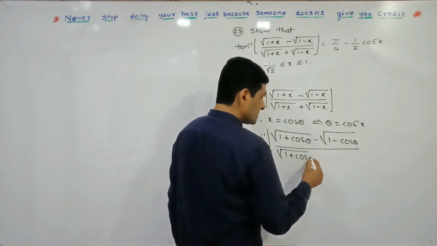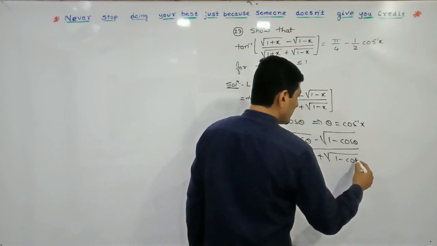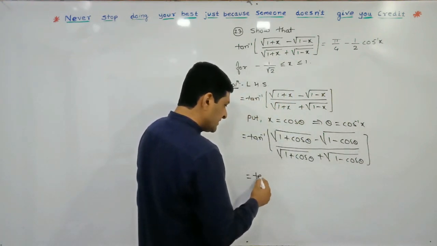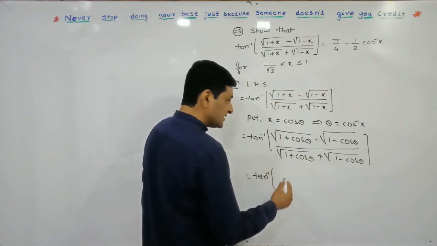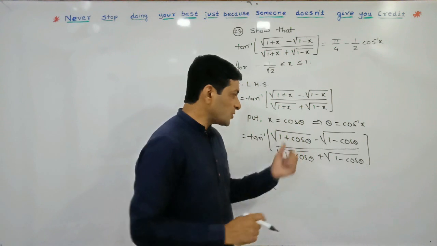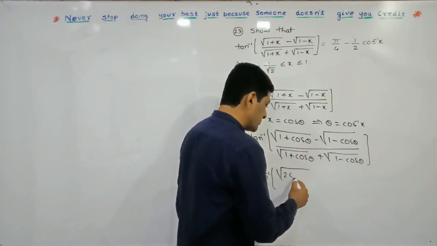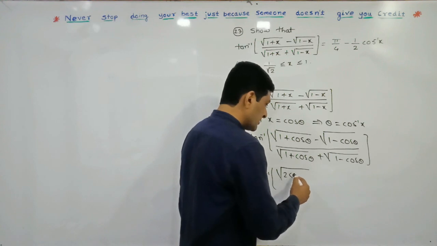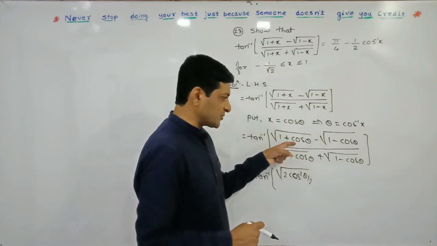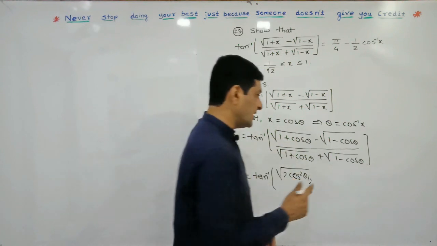1 plus cos theta plus under root 1 minus cos theta, which is equal to, keep this tan inverse as it is. Now according to the half angle formula, the value of 1 plus cos theta is equal to 2 cos square theta by 2.